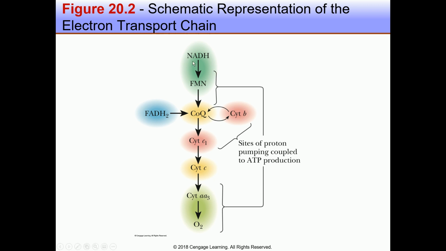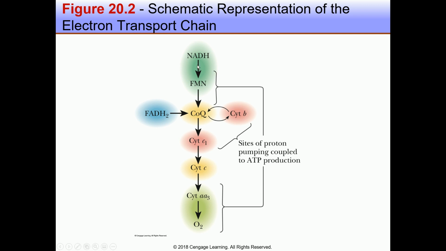This basically shows you the flow of electrons through the electron transport chain. We have in our cells two different kinds of electron carriers. One is NAD plus, which gets reduced to NADH. Then we have FAD, which gets reduced to FADH2. I will be showing you exactly what protein complexes are.